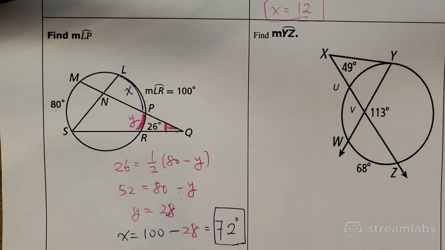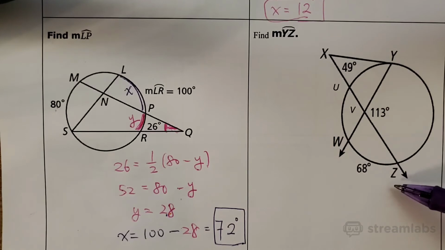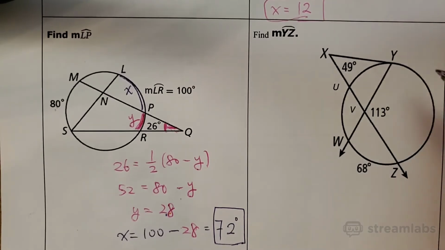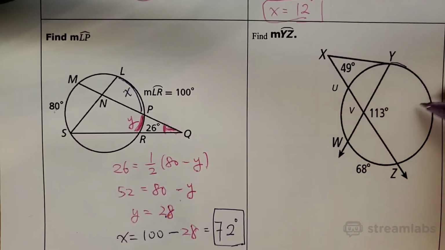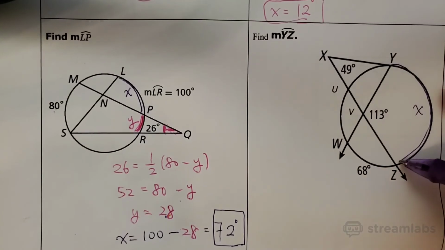All right. Wait, 226? Oh, you mean like this one? You would think, right? Except this is not an inscribed angle, so you can't just do it like that. Okay? Yeah. Okay. So, to find this arc, so this is what you want, right? YZ right here.